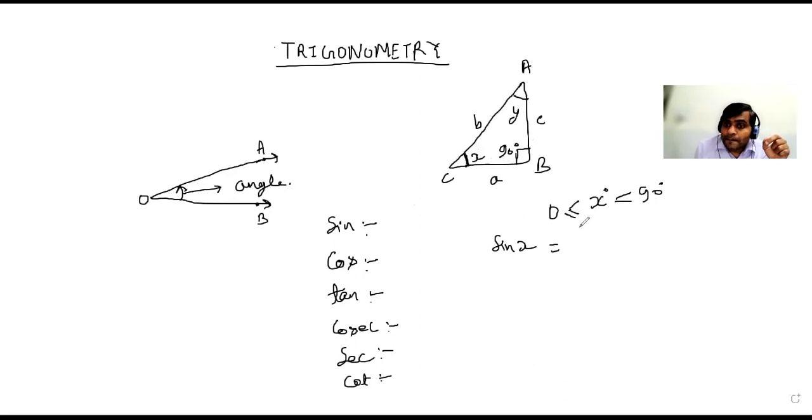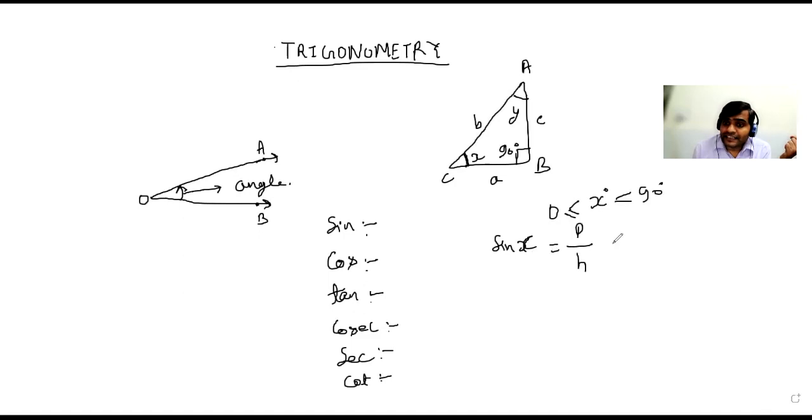Sine is the perpendicular upon the hypotenuse. We all know the hypotenuse is the side opposite the right angle in a right angle triangle.